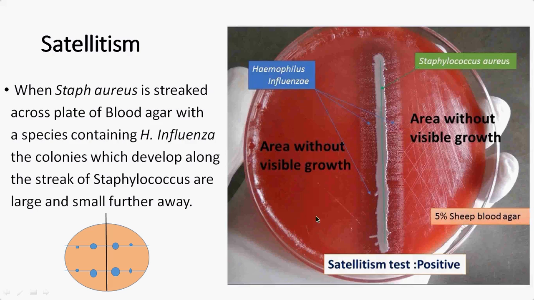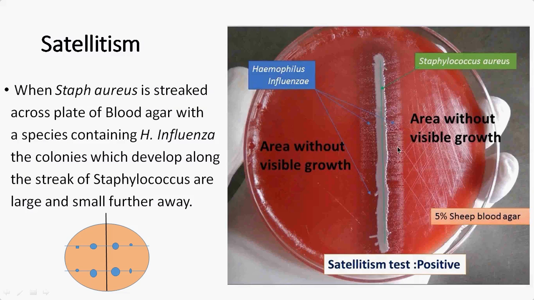Or you can see in this picture they have a lawn culture of H. influenzae all over the plate, and centrally they have streaked Staphylococcus aureus. After growth, Staphylococcus releases V factor around this because of hemolysis. Staphylococcus aureus causes beta hemolysis, as you know. This causes degradation of the RBCs and release of V factor around this area.